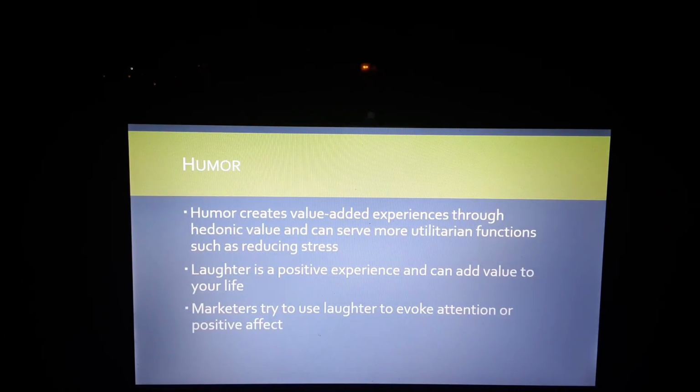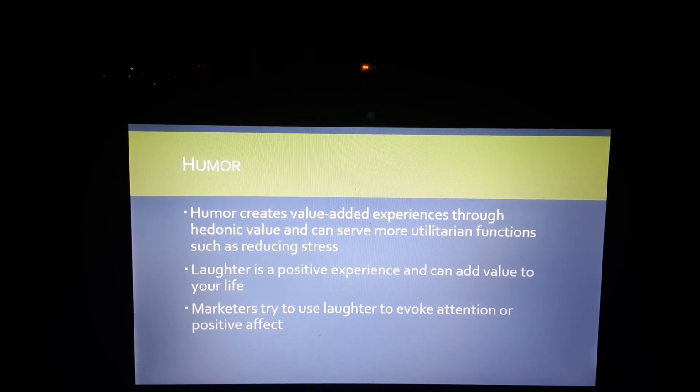So humor is also very important. You've got to keep your sense of humor close by as often as possible. So it's a value-added experience through hedonic value. Humor can reduce stress in a product, if you have fear of a product.